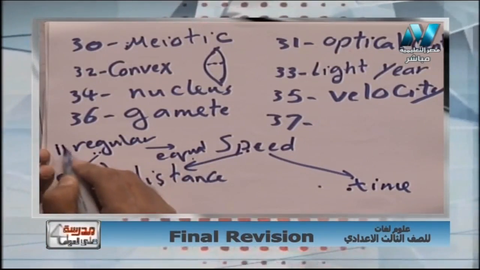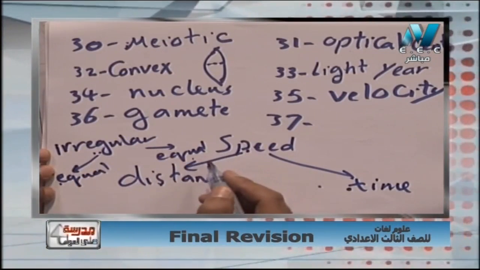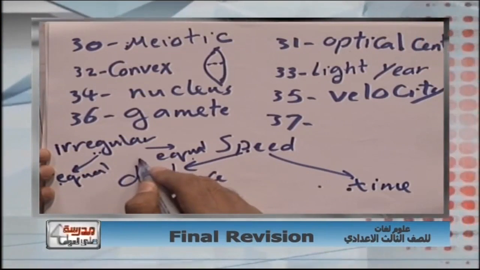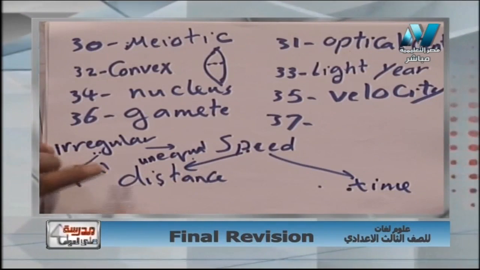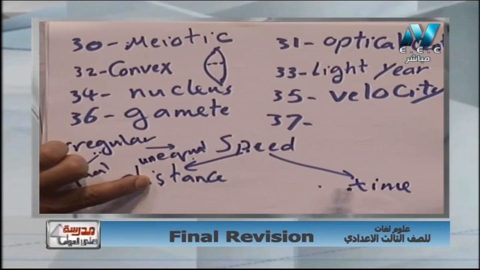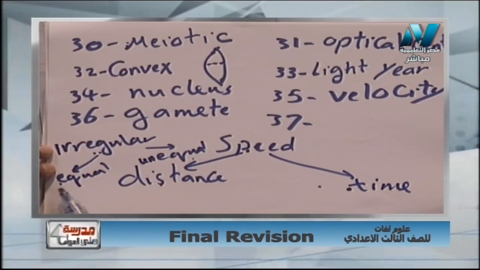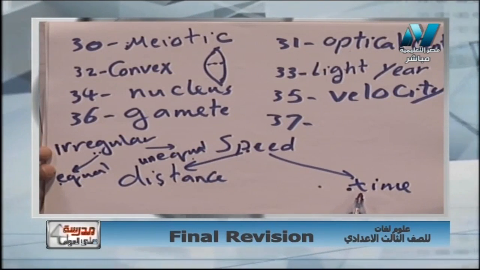But if I say irregular, or non-uniform, now one of them is equal and the other one is unequal. So irregular speed means the body covers equal distances in unequal or different times, or the opposite, covers unequal distances in equal periods of time. Let's analyze again.